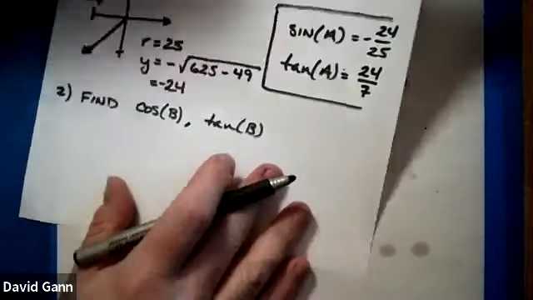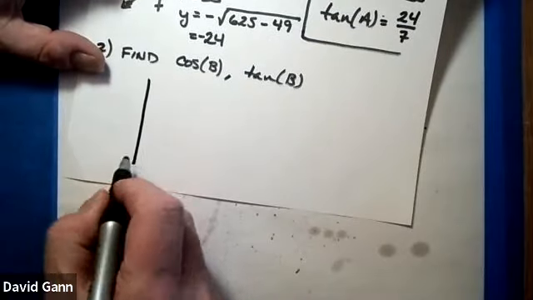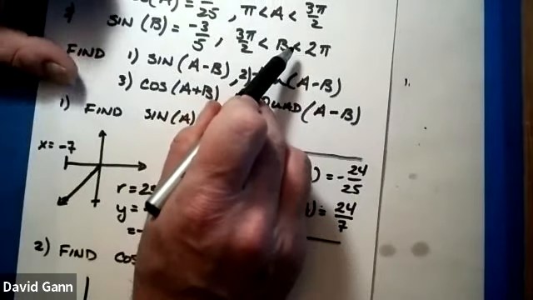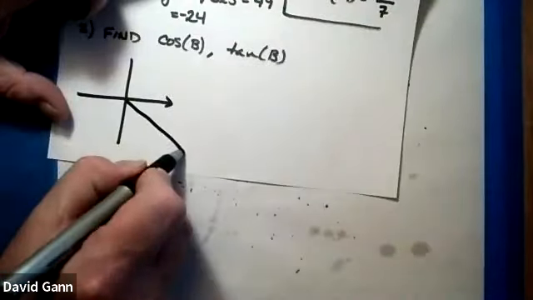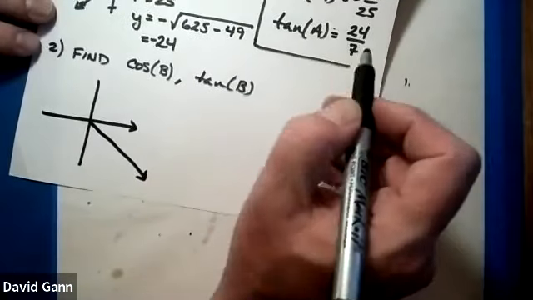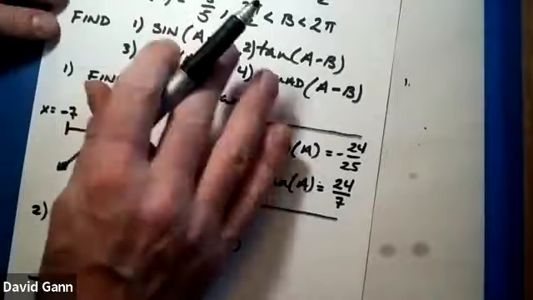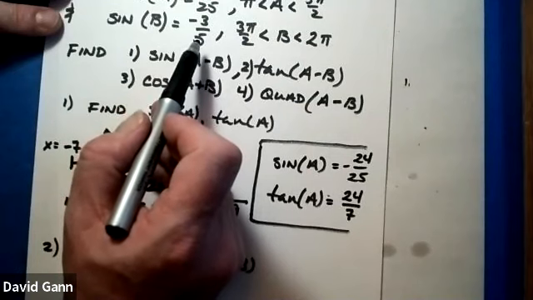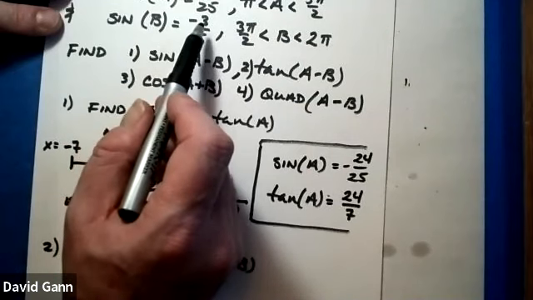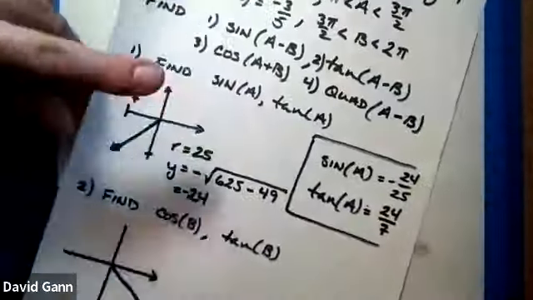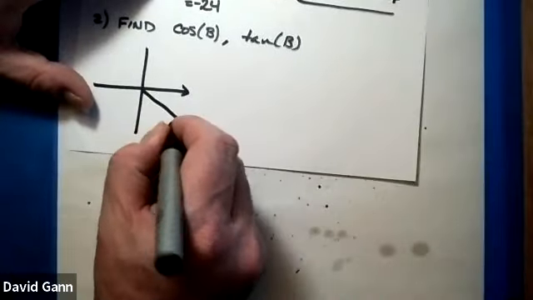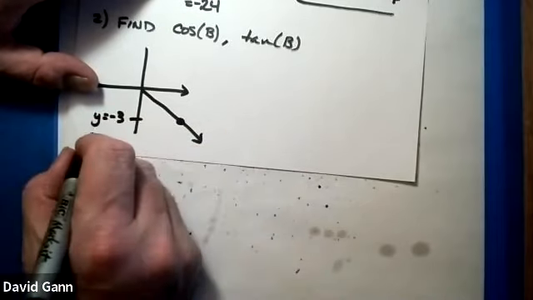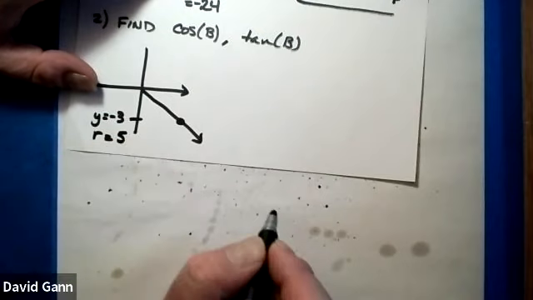Okay, so same thing as before. Start by drawing your coordinate axes, and B is an angle in quadrant 4. So let's make sure that's in 4. And we know that based on the fact that sine of B is -3/5, that means that there is a point on that ray where the r value is 5 and the y value is -3. So y equals -3, r equals 5.